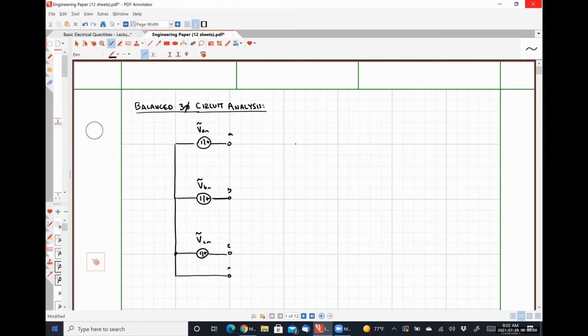And we are going to connect it to a Y-connected load, where this is terminal capital A, terminal capital B, terminal capital C, and terminal capital N respectively.